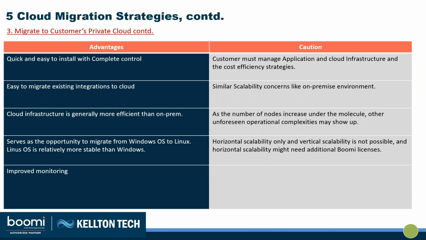You need to deal with the cost efficiency strategies, etc. And the operational complexities of the traditional on-premise environment that you saw around the disk latencies could potentially be resolved here because of the high efficiency disk storage servers, or elastic file storage, etc., that AWS cloud platforms do offer, which are generally more efficient than what on-premise infrastructure we have, just because our on-premise infrastructure could be shared across other applications, etc.